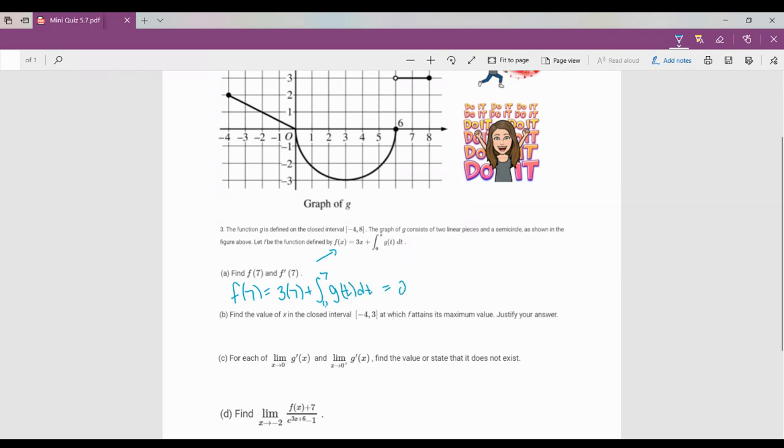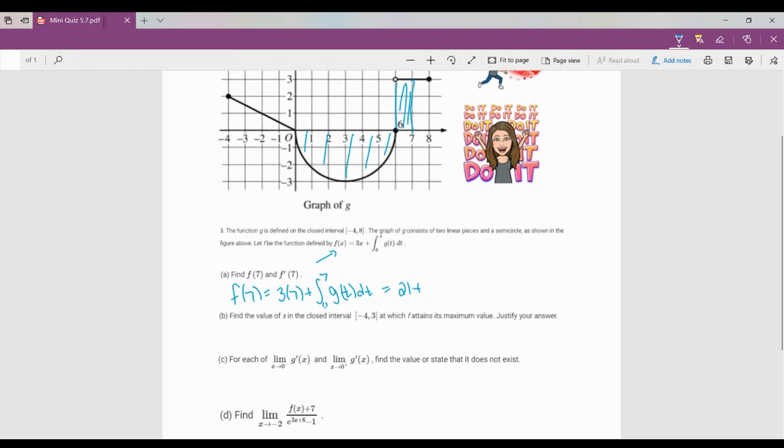So it's going to be 21 plus the area under the curve from 0 to 7. All right, so we've got a semicircle that's below the x-axis, so that means it's going to be negative: 1/2 pi, my r is 3 squared, plus my area under that curve is 1 times height of 3.